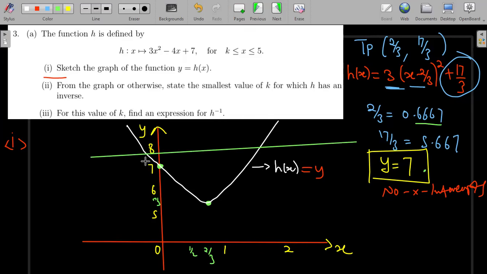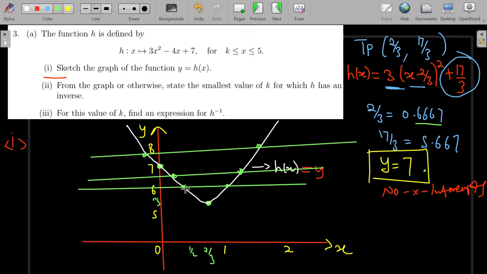If the horizontal line touches the graph at 2 points, then the curve that you've drawn is not a one-to-one function. So for us to make this function have an inverse, we need to limit the domain.